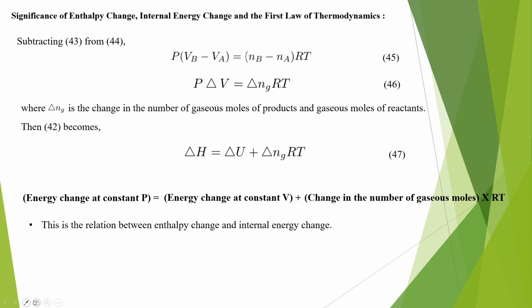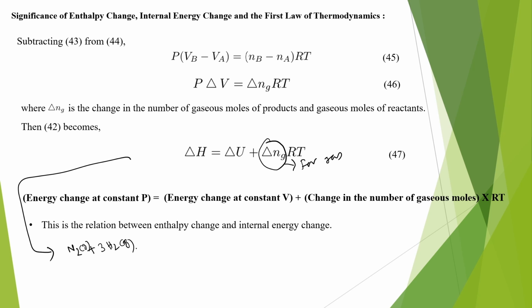So, remember here that delta n is nothing but delta ng, the change for gas only. Why is it gas? Suppose we consider a reaction like N2 plus 3H2, these are all gases, giving 2NH3, again a gas. So, delta n for this process is 2 minus 1 plus 3, which gives you minus 2.